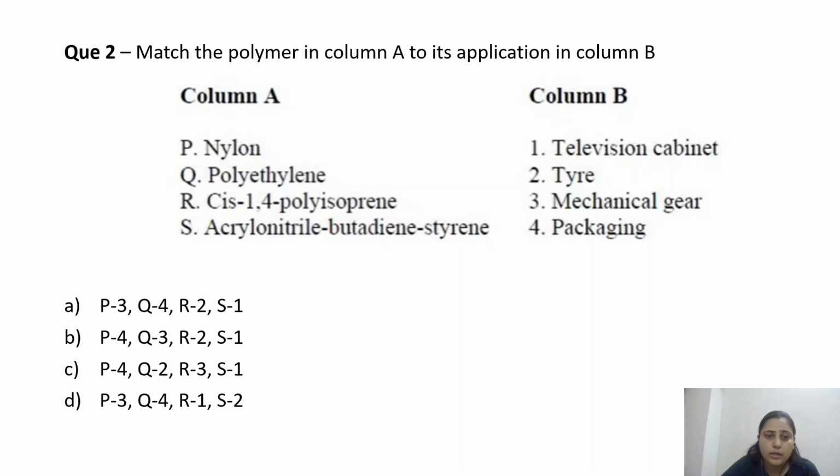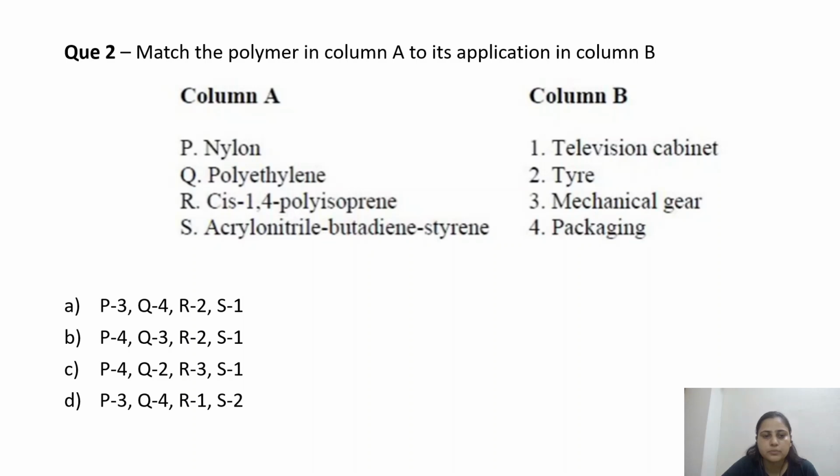Column B has different applications like television cabinet, tire, mechanical gears, packaging. What do you think, which option is correct? Which polymer is matching with which application? So option A is correct.